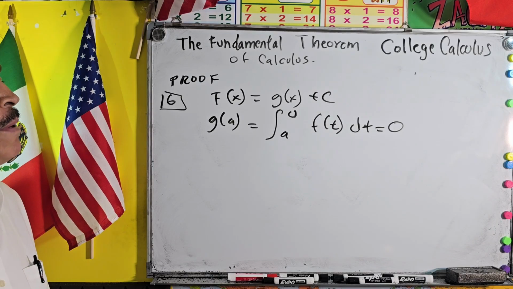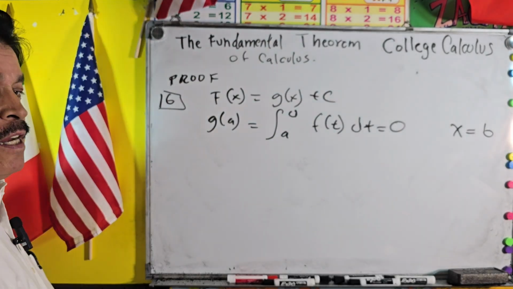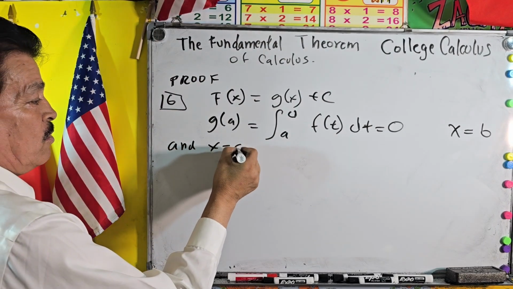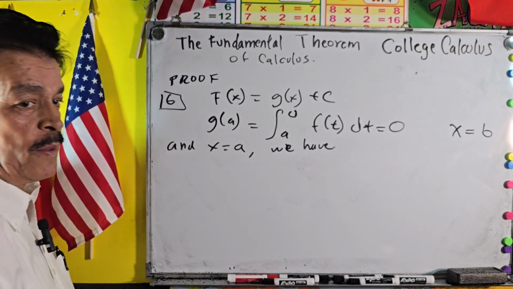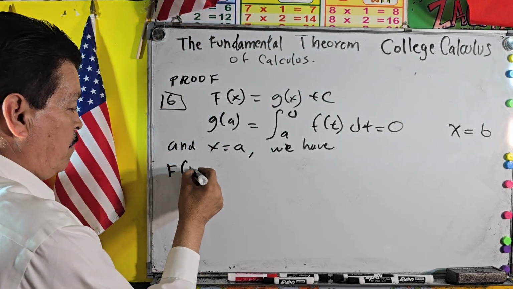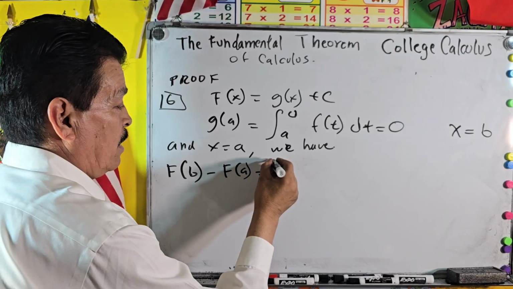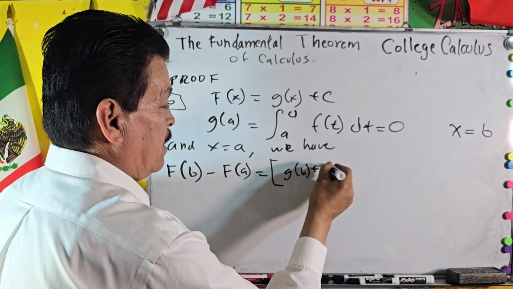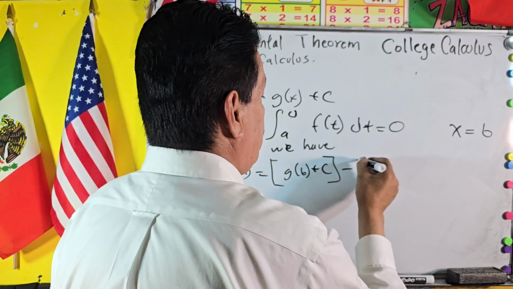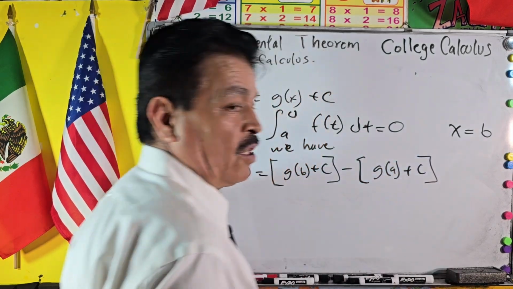So using the equation with x equals b and x equals a, we have F of b minus F of a equals, open parenthesis, g of b plus c, minus, g of a plus c, close parenthesis.